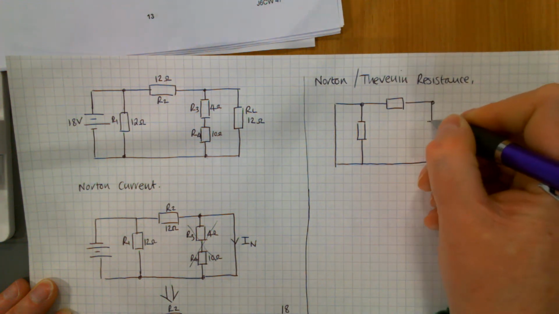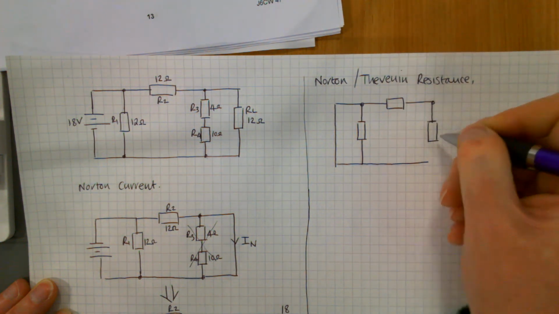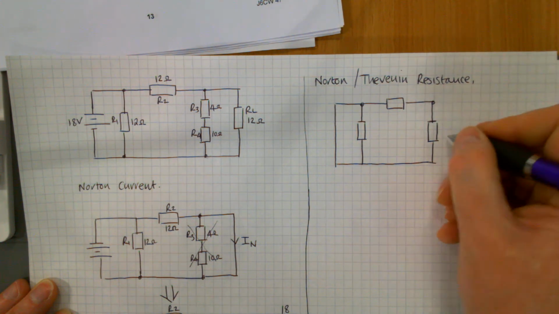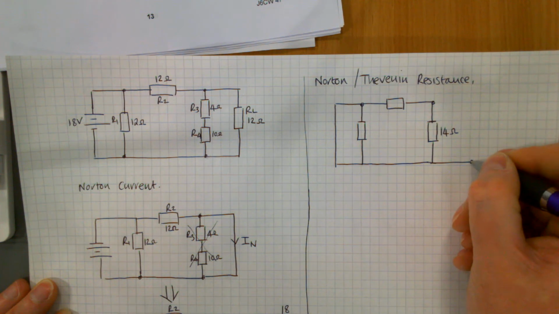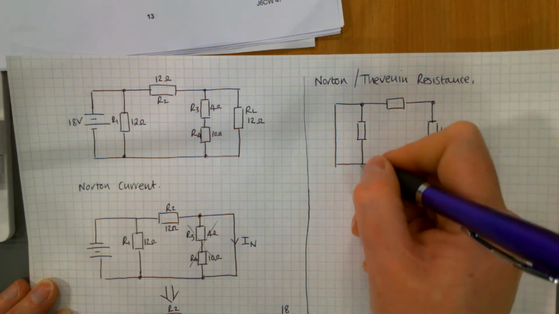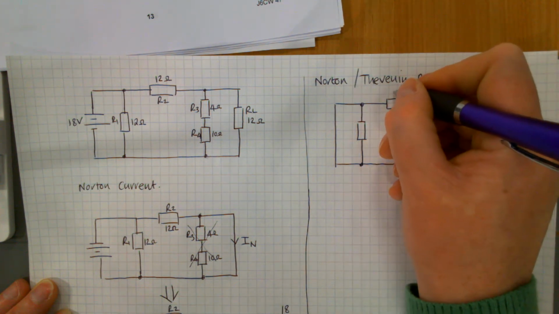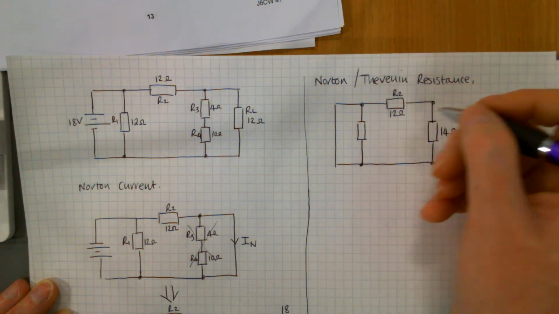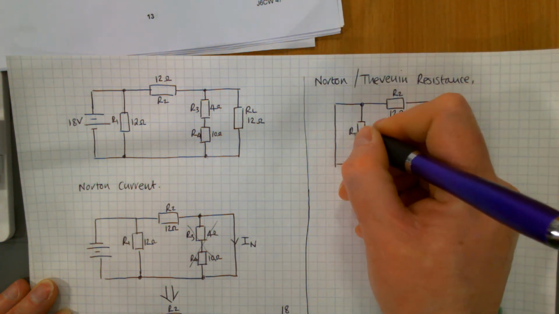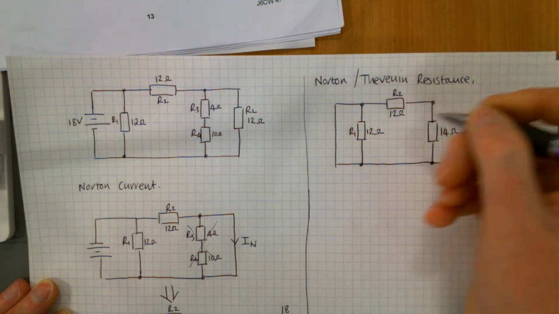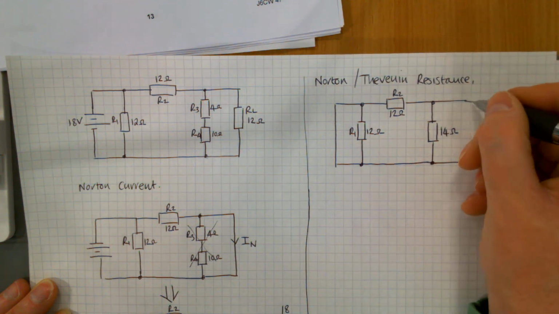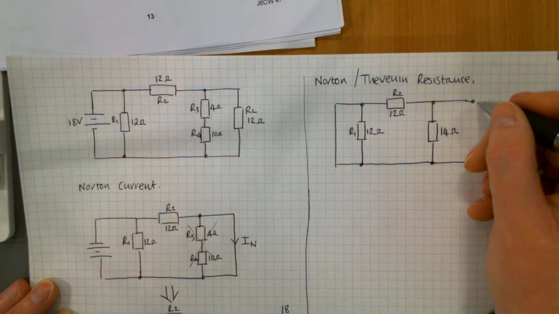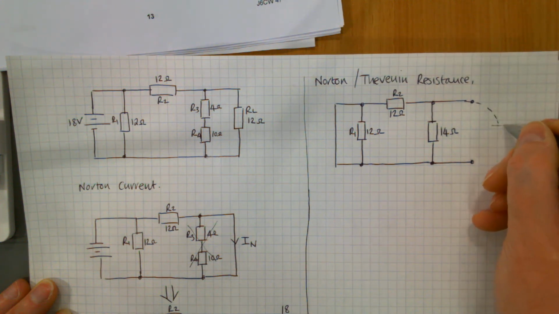For the sake of making things a wee bit more simple, I think I'm just going to combine that 4 and that 10 and just make it a 14 ohm. And then remember you're kind of pretending the supply is over on this side.